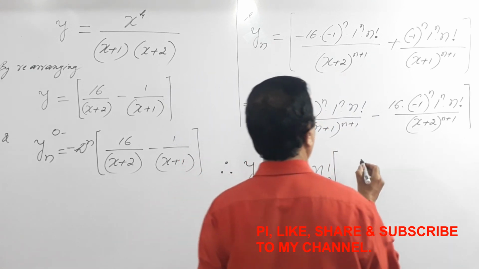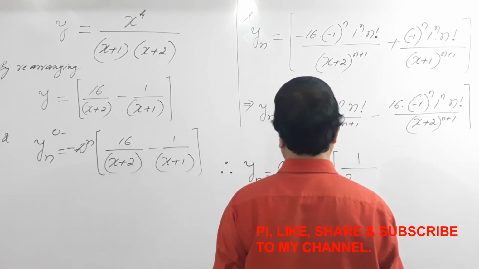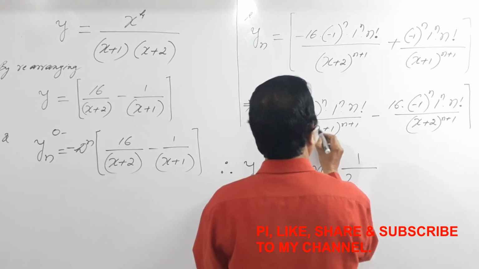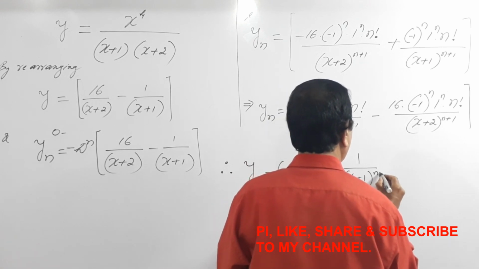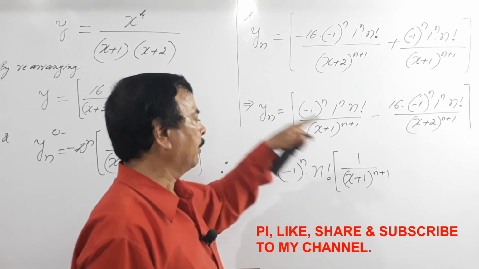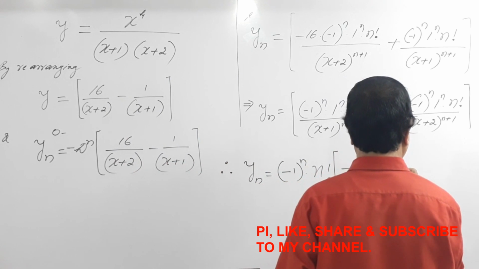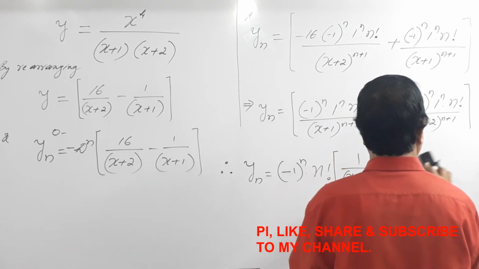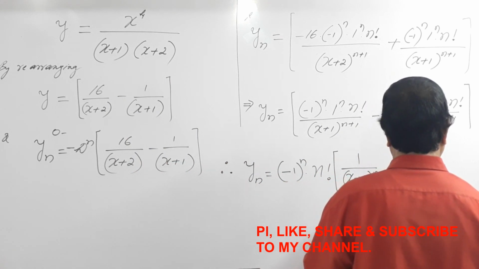so we have 1 by x plus 2, this is x plus 1, sorry, this is x plus 1 to the power of n plus 1, make this as x plus 1, by mistake I wrote n plus 1, so x plus 1 minus 16 by x plus 2 to the power of n plus 1.